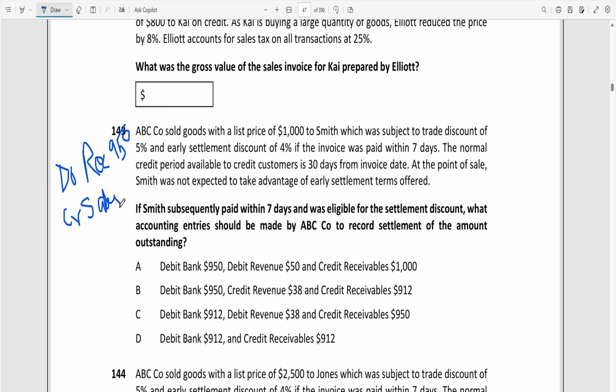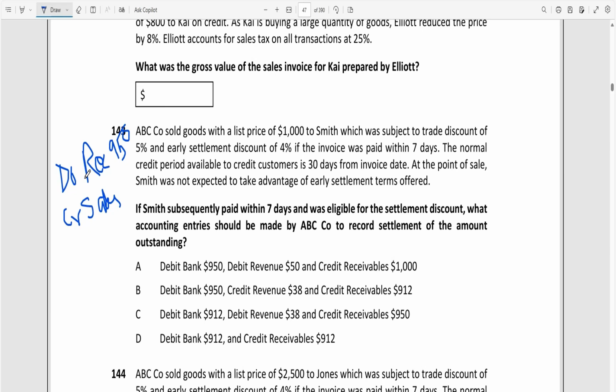But now the customer has been given the option to pay the invoice within 7 days. So if the customer pays the amount within 7 days, the customer is entitled to 4% more discount. If the customer pays after 7 days, then whatever amount the customer pays, we will simply debit the bank or cash we receive, and credit the receivable.